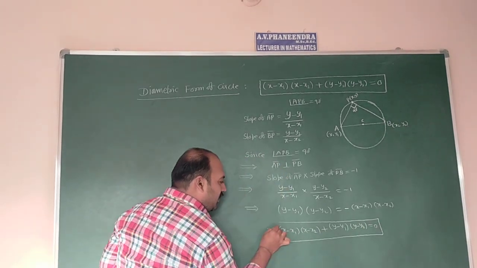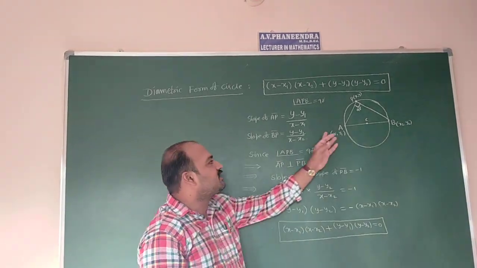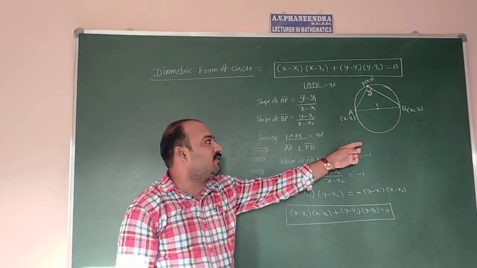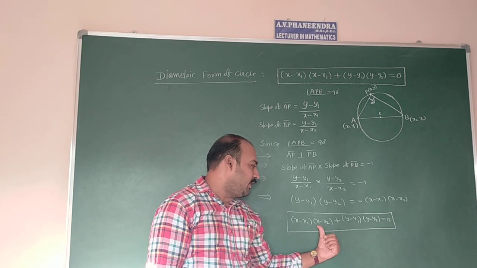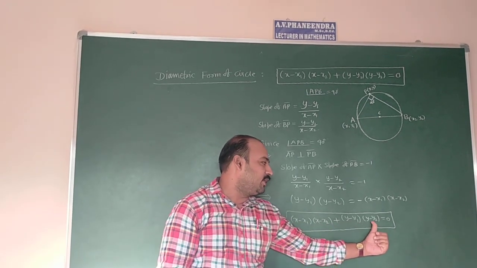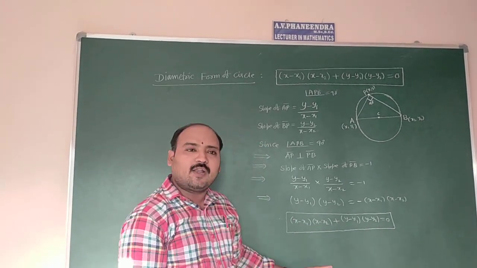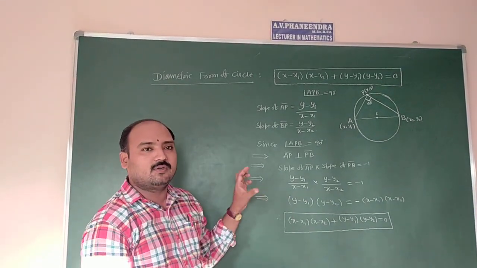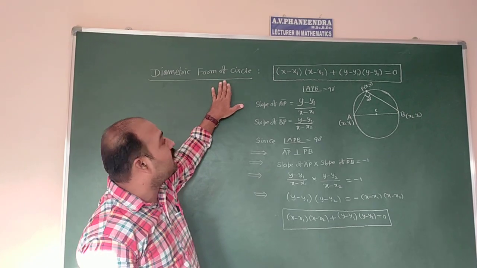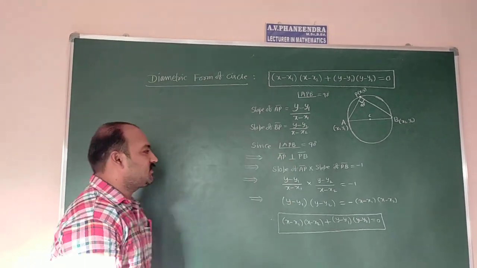This is called the equation of the circle whose endpoints of the diameter are A of x1 y1 and B of x2 y2. Another name for that is the diametric form of circle. One example we will discuss.